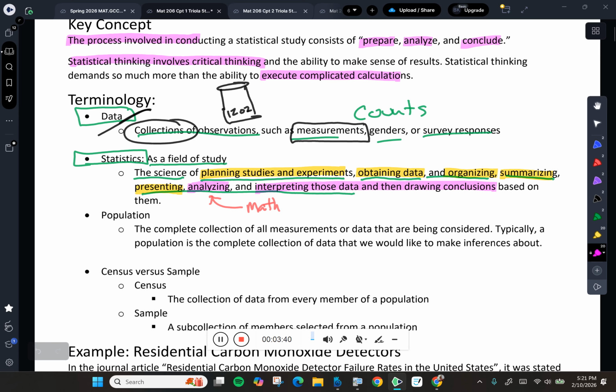Right? So if we go back to my can example, my Coca-Cola bottling plant, the planning part would be I'm going to go down to the production floor and grab 20 cans to see if the filling machine is filling them properly. The obtaining data part would be going down to the floor and grabbing 20 cans.